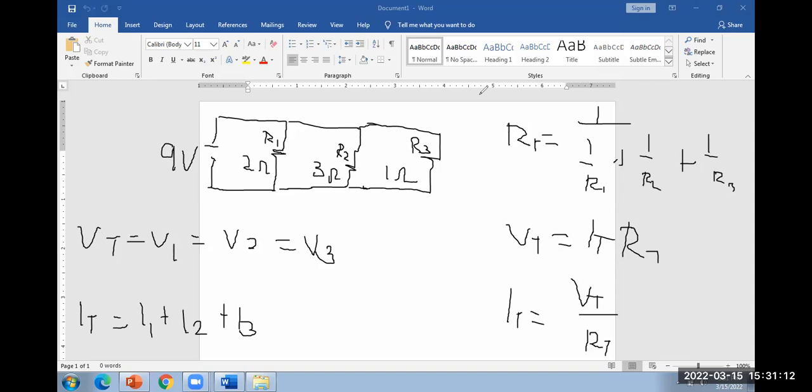Ilan? Nakuha na yung sagot. So what is the value of RT? What is the value of VT? And what is the value of each current? So ilan po yung sagot? What is the value of RT?